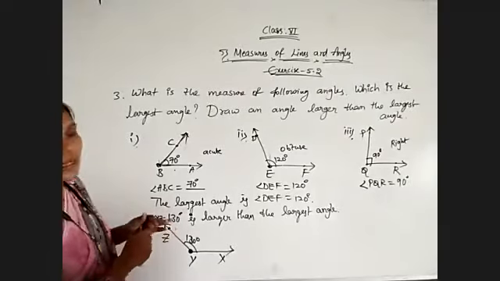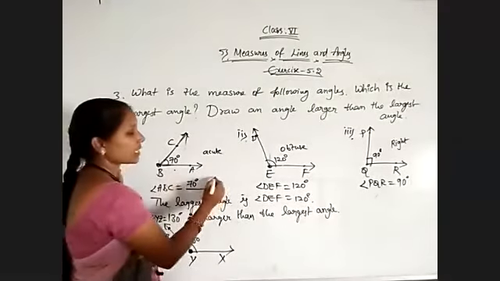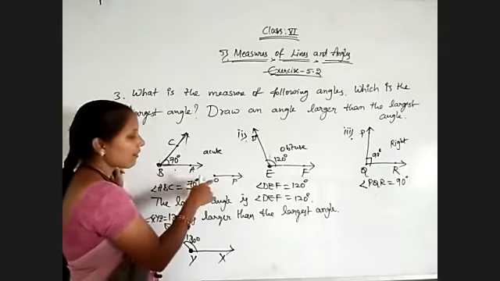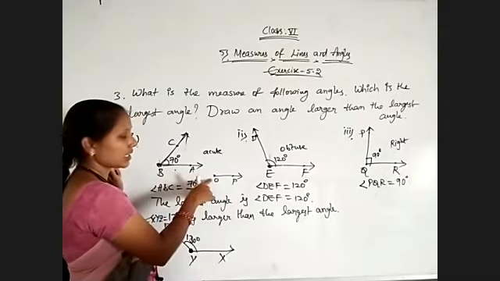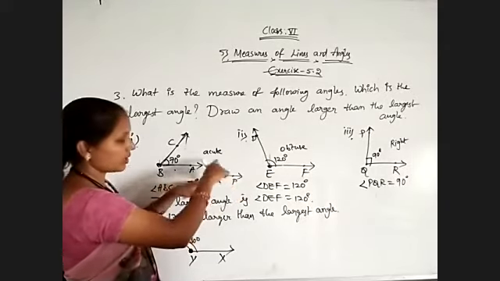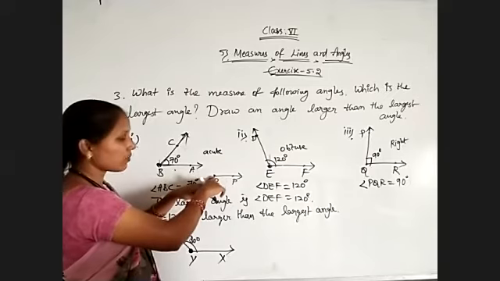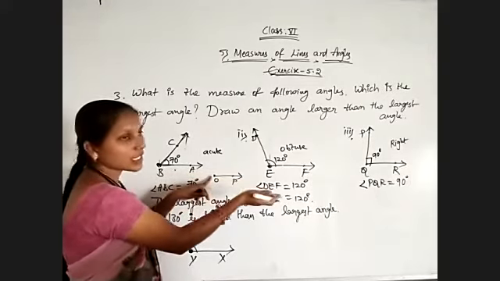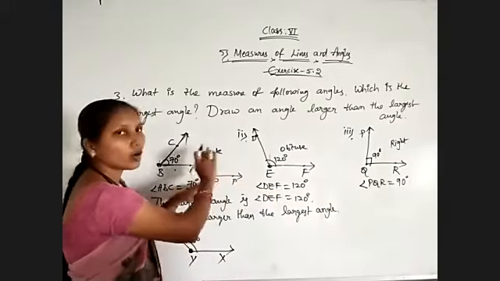Whenever we are constructing an angle, first of all, draw a ray. Suppose OP is my ray. I want to construct 60 degrees. So set the protractor at O, with the 180 degrees line on OP. The common point is O, and the 180 degrees line is on OP. Because it is spreading to the right side, I need to take the lower values.